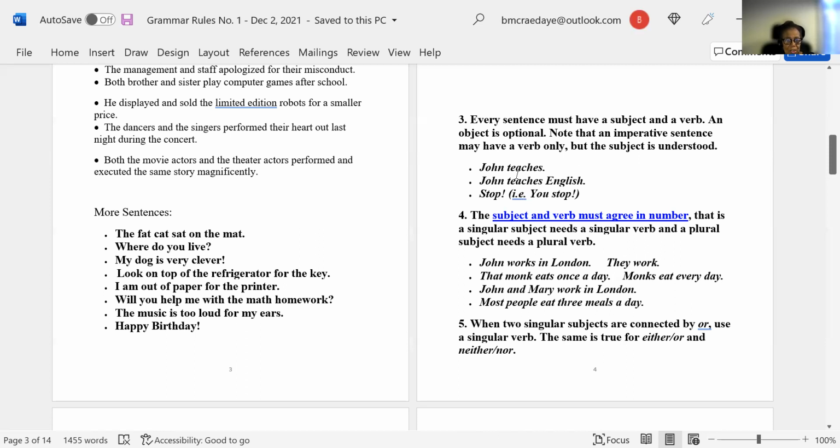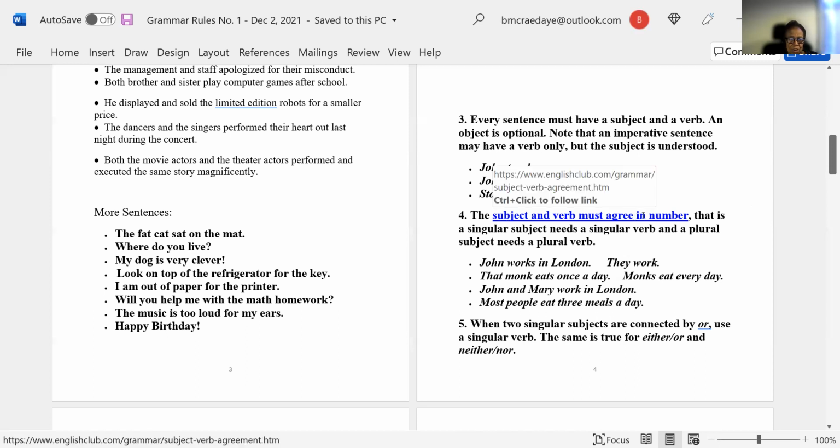Okay. John teaches English. John is the subject, teaches is the verb. No object. Here, the object is English. So you see the object is optional. Now, this is something we want to make sure you understand.